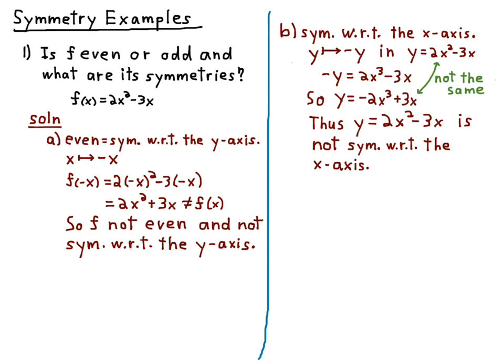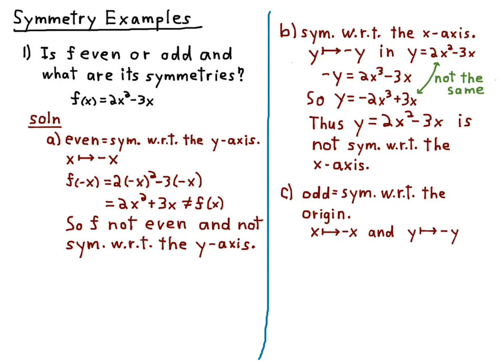Now I have one last thing to check: is it symmetric in the origin? Which is the same thing as, is it odd? Since it's a function, right? So I change x to minus x and y to minus y at the same time in the original equation. I get minus f of minus x equals negative 2 times the quantity negative x squared minus 3 times the quantity negative x.